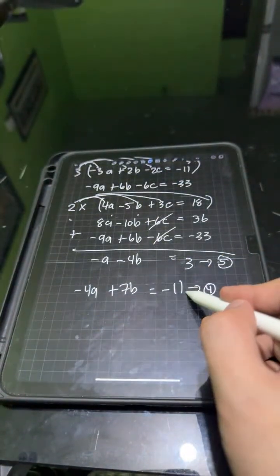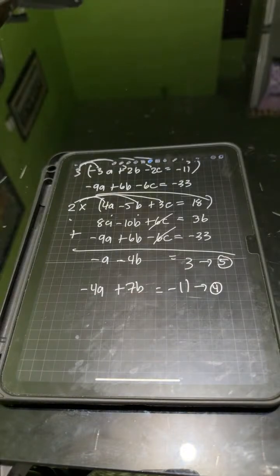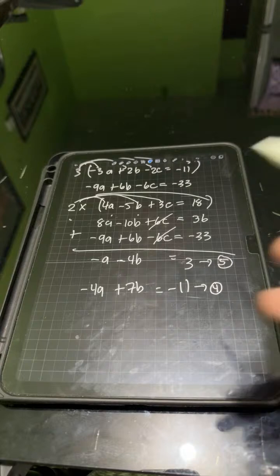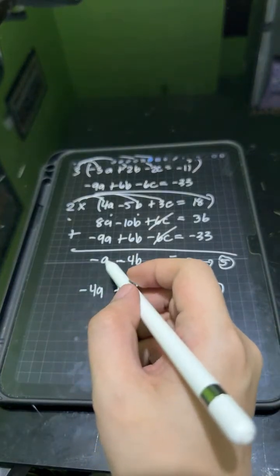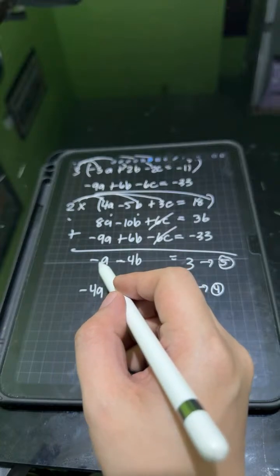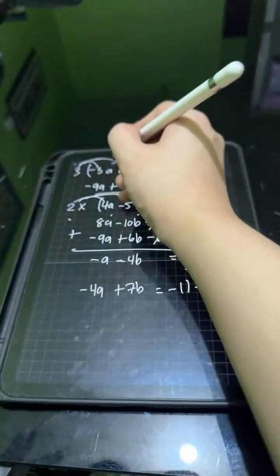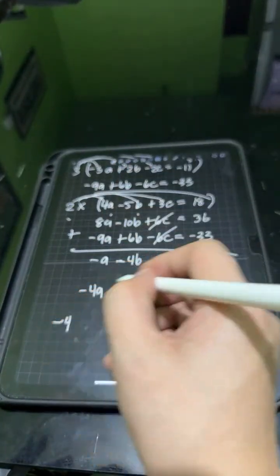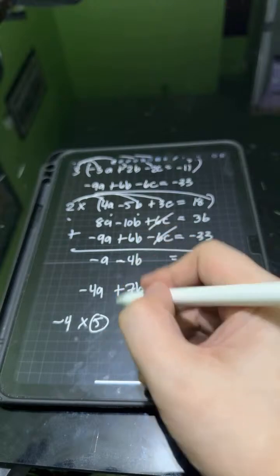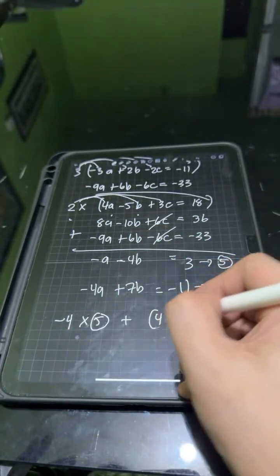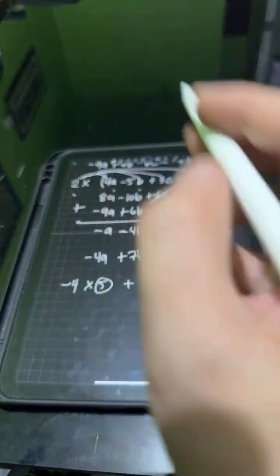okay, and equation 5, we can now eliminate, let's say, a, right? Eliminate a by, if we multiply negative 4 times equation 5, and we add this with equation 4, we can eliminate the a.